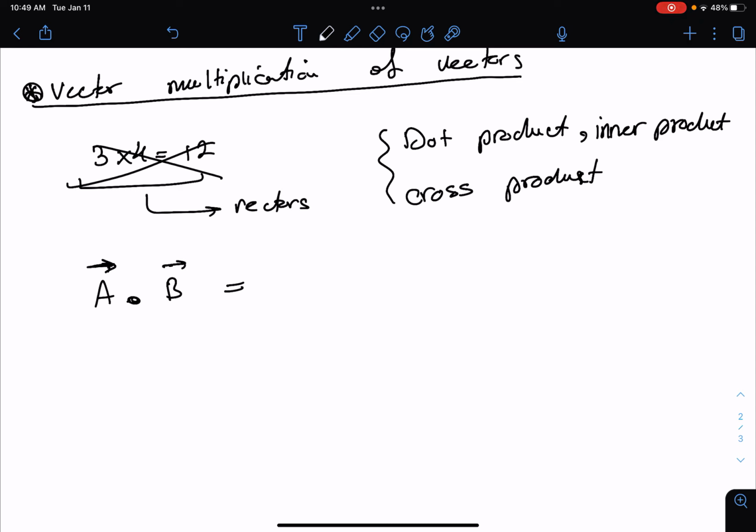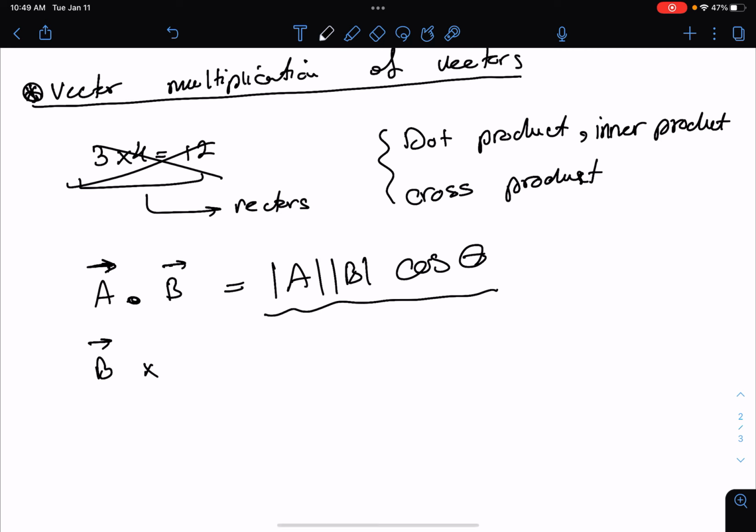So we can calculate the dot product by calculating the magnitude of both vectors, multiplying those, and then multiplying them by the cosine of the angle between the two vectors, right? That will give us the dot product, which essentially means that the dot product is the magnitude of vector B multiplied by the projection of vector A, A cosine theta, on vector B.